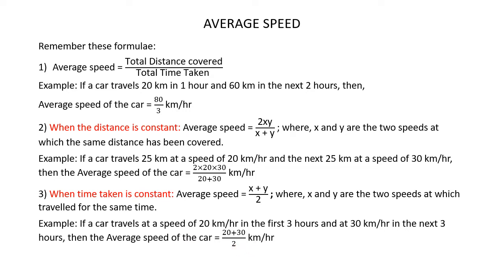Observe here that the time taken is constant in both the cases. It is 3 hours in both the cases. Only the speed is different. So the average speed of the car is 50 divided by 2 kilometers per hour here.